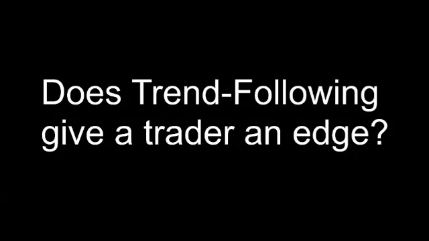So I had a question, and I think that most people who trade probably do want to know: does trend following give a trader an edge, and is it possible to mathematically define the ability or inability to give a trader an edge?